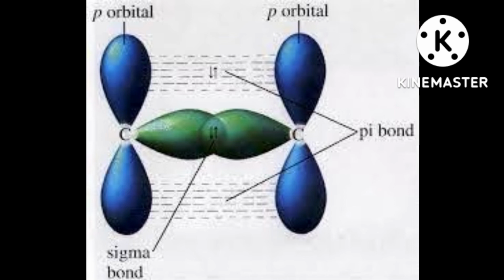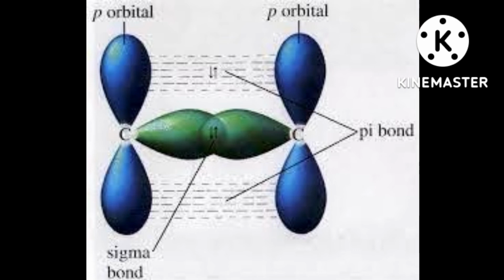That is called negative overlapping, or negative sign, or out of phase, because one lobe has electron and the other lobe has no electron. Then how will a bond be formed? No sharing, no overlapping, no sharing of electron. That is called negative sign or out of phase.